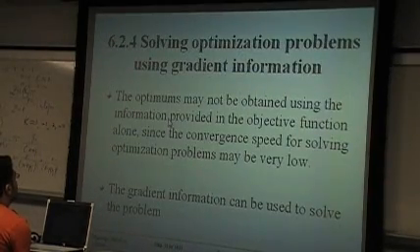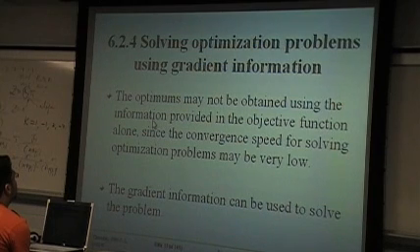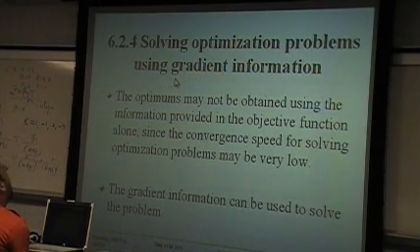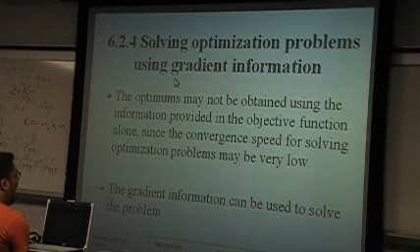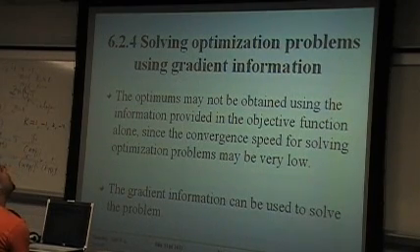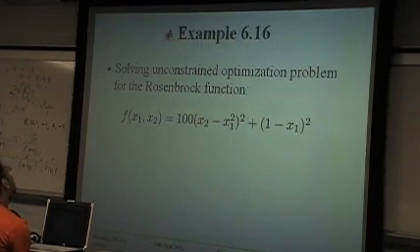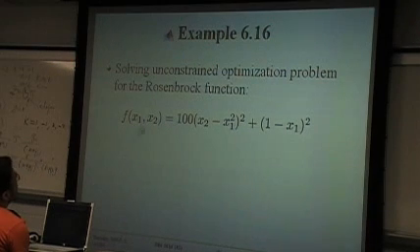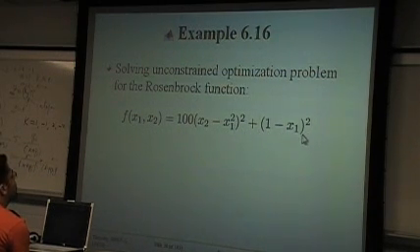And the next topic is how to improve the accuracy of solving optimization problems. In this case, I have to describe the use of gradient information. And first, I shall explain or demonstrate an example for you. Suppose we want to find the minimum value of this function.